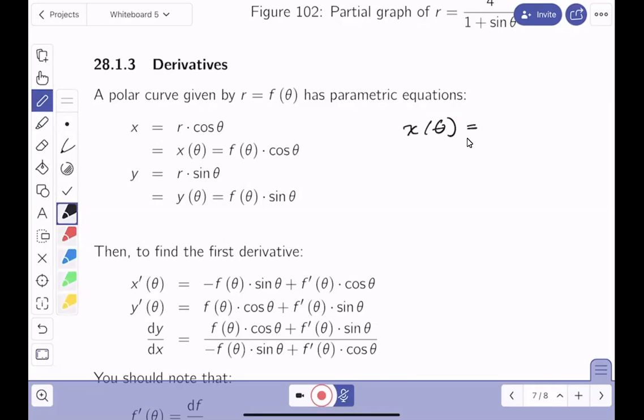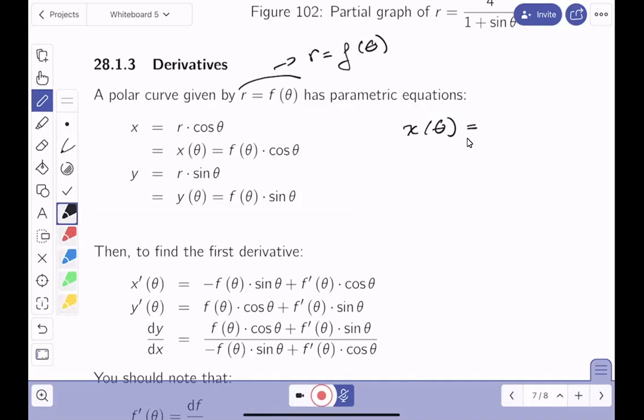I'm sorry, I made a mistake here. So x is a function of theta. And I'm sorry about that. I should have said that r is also a function of theta.